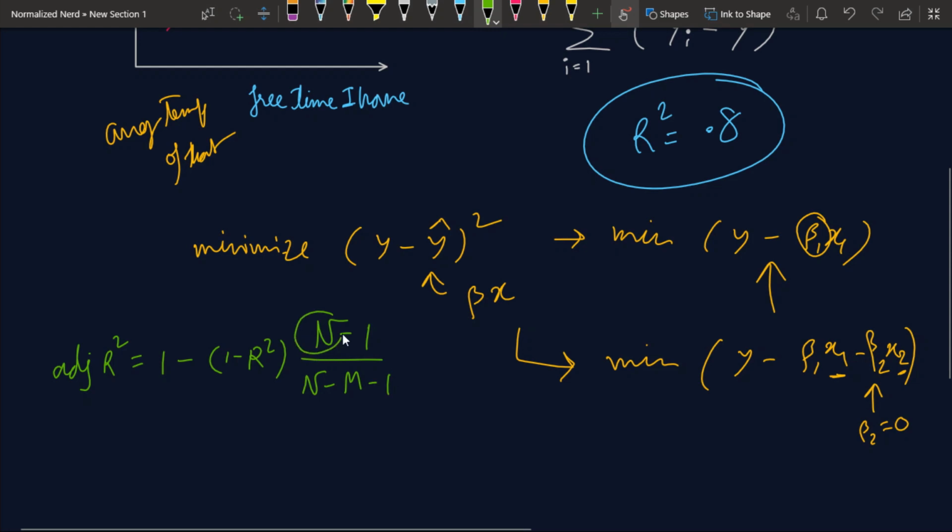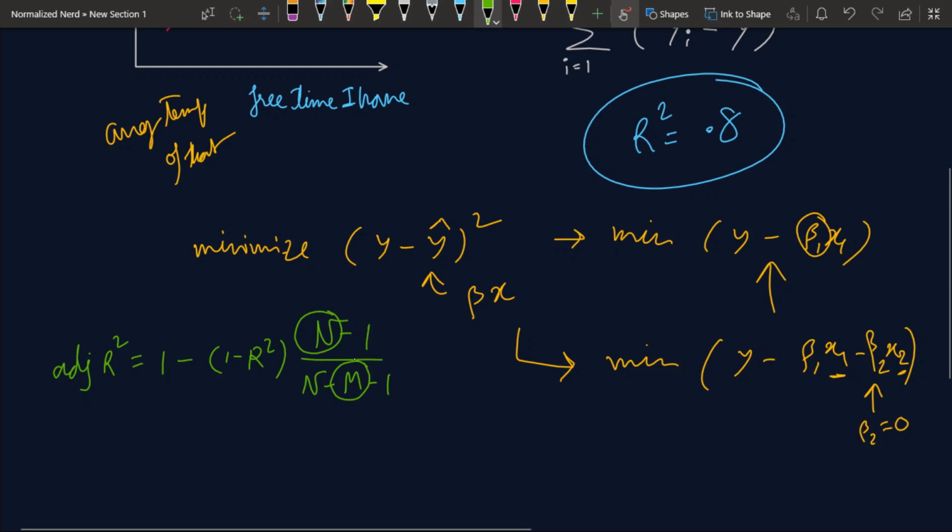So what is n? Well, n is the number of data points, okay, and m is the number of features. Now what we assume here is that the m features are independent, so this is also called the number of independent features. That is, the features we are feeding to our model are all independent of each other.